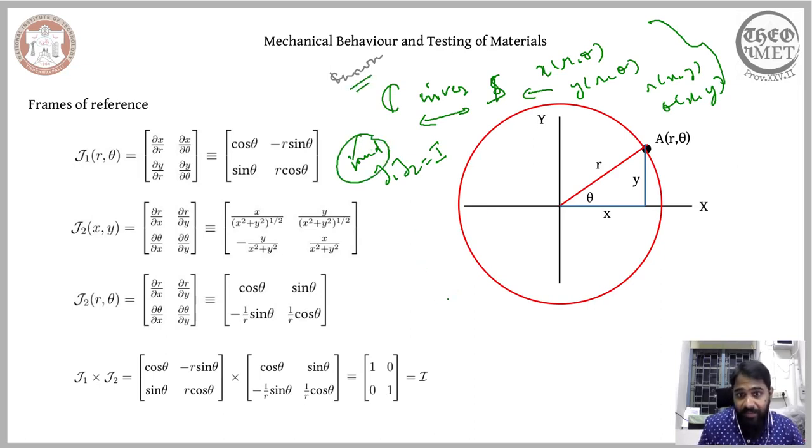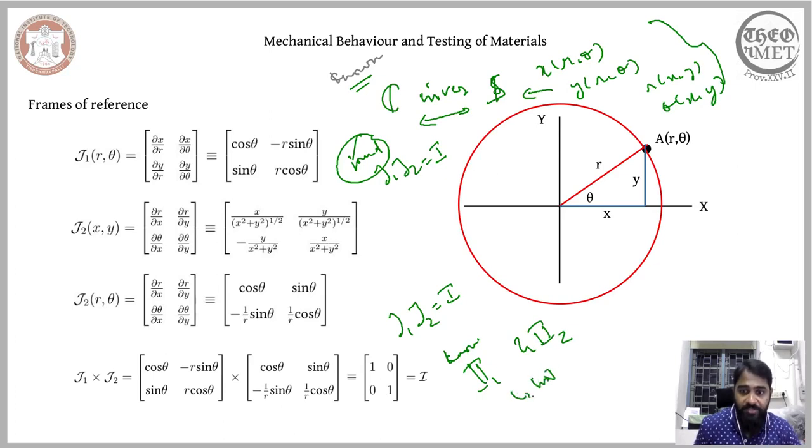On the other hand, if we are able to prove that the product of the Jacobians is the identity matrix for two different generic coordinate systems, then the corollary of this theorem is that these two coordinate systems, let's say I1 and I2, are inverse of one another. This study showed that when the coordinate systems are inverse of one another, the product of the Jacobians is going to be identity.